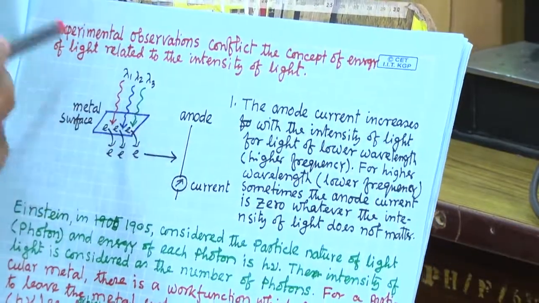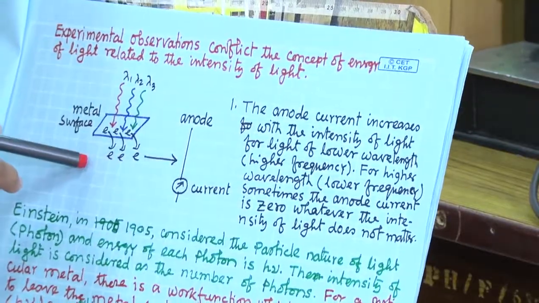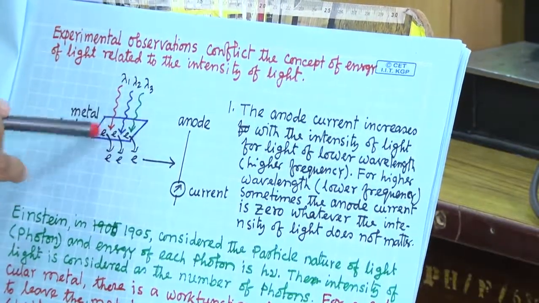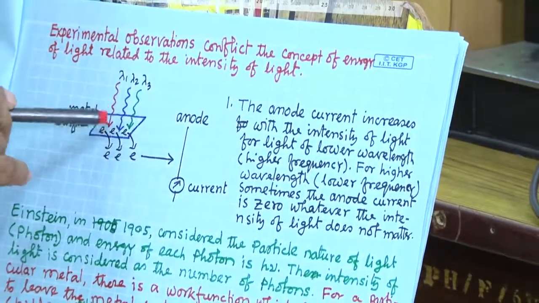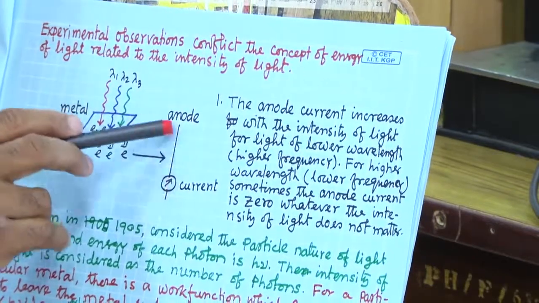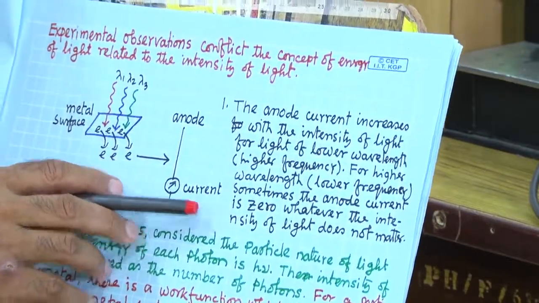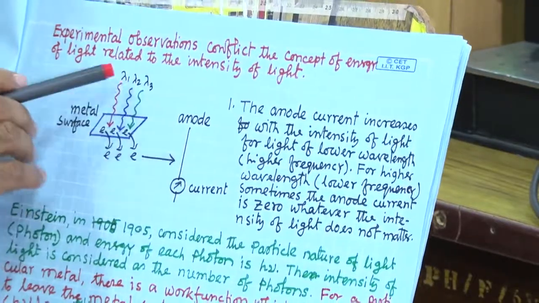We are expecting that we will get more and more current, because more energy is falling on this metal surface. So, more electrons will come out and reach the anode and we will get more current. It should be independent of the color of the light.